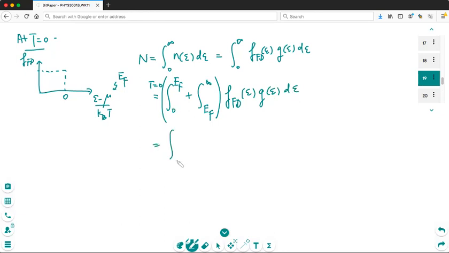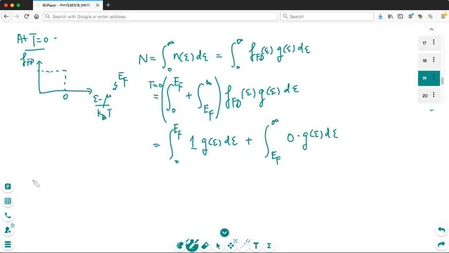For the first integral, I have 0 to EF, and I have this function, which is a step function. So I have 1 below the Fermi energy. This is the meaning of below the Fermi energy. And then I have the other one going from EF to infinity, and above the Fermi energy, I have 0 for the Fermi function, 0 times g(ε)dε.